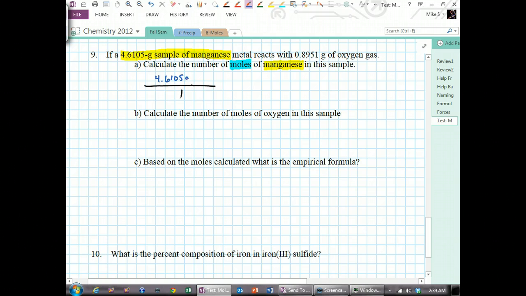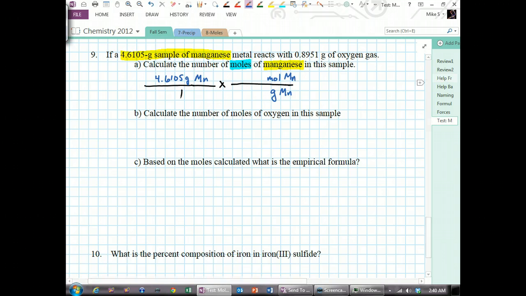So when we set up this equation, what we're going to do is first do our given, which is 4.6105 grams of manganese. And then for the next part, we're trying to convert from grams to moles. So I need something that will convert me the molar mass, grams of manganese, to moles. In this case, I don't have the molar mass given to me.